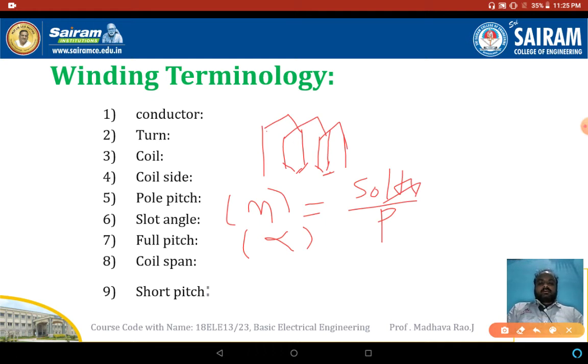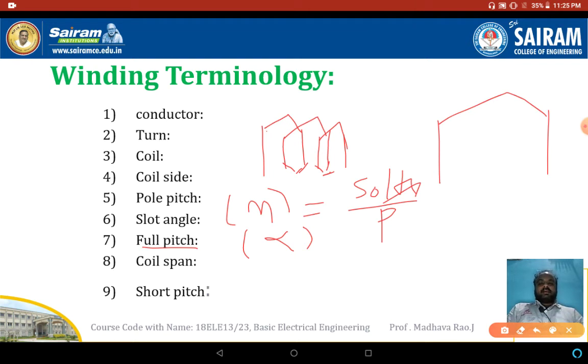Next one is full pitch. Here we measure between slots. Full pitch means one conductor in one slot is connected with another conductor in another slot one pole pitch away.